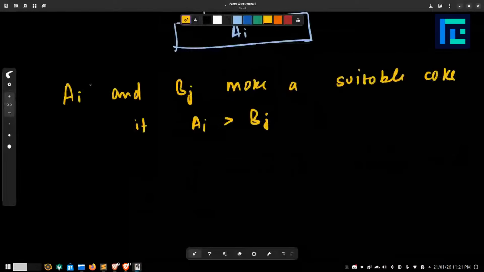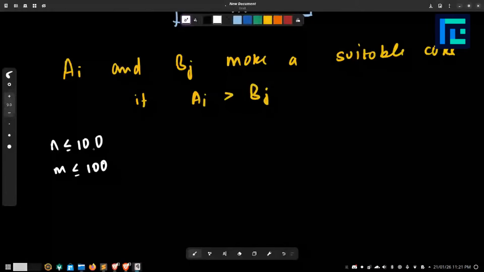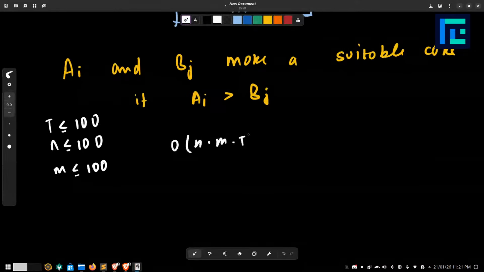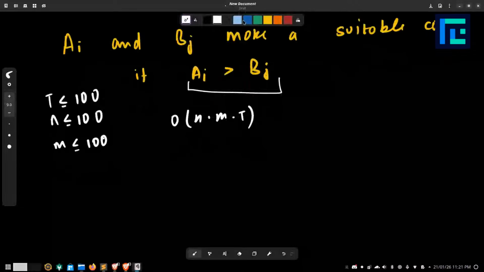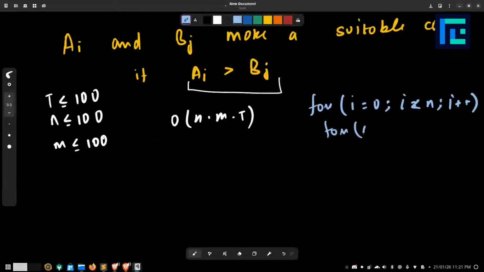Since the constraints are n less than equal to 100, m less than equal to 100 and t also less than equal to 100, we can run time complexity up to O of n into m into t. Since we need to count the pairs such that Ai is greater than Bj, what we can do is brute force over all the pairs, for i equal to 0, i less than n, i plus plus, for j equal to 0, j less than m, j plus plus.